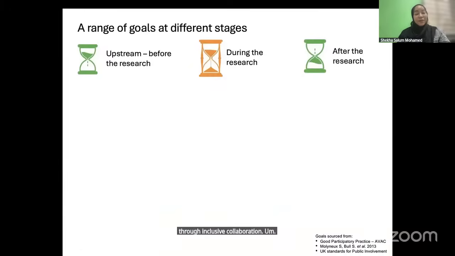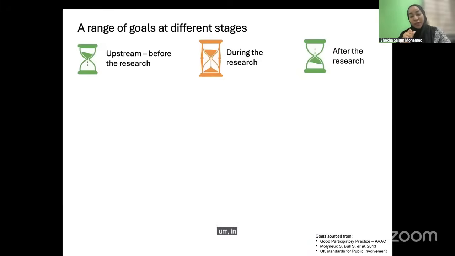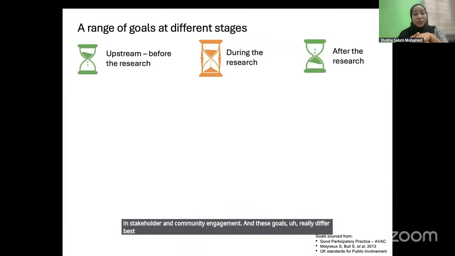First and foremost, it's important to understand that we could have a range of different goals in stakeholder and community engagement, and these goals really differ based on the stage of the research. As we can see here, we have before research, during research, and also after research.